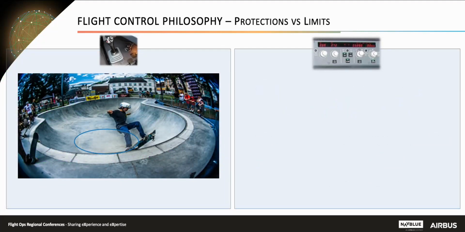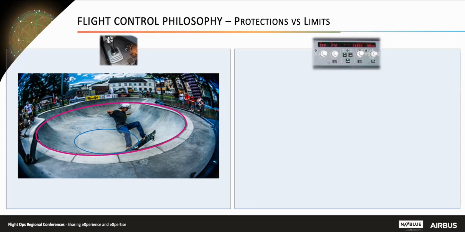To illustrate the previous definitions, on the left side, we can symbolize flying manually through the fly-by-wire system with a side stick by this man skating in a ball. The ball could represent the flight envelope. The skater is in a skate park with high enough sides to prevent him from leaving the safe area, symbolized by the red circle.